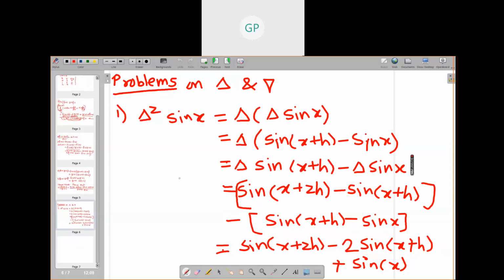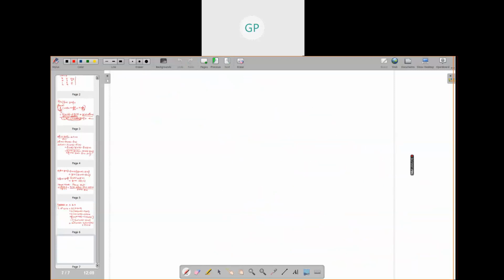So you can be given h value in certain problems, okay? Assuming h equal to 1, find out, say, let's take the next example. Suppose I take del applied on 4x cube, and take h is equal to 1.